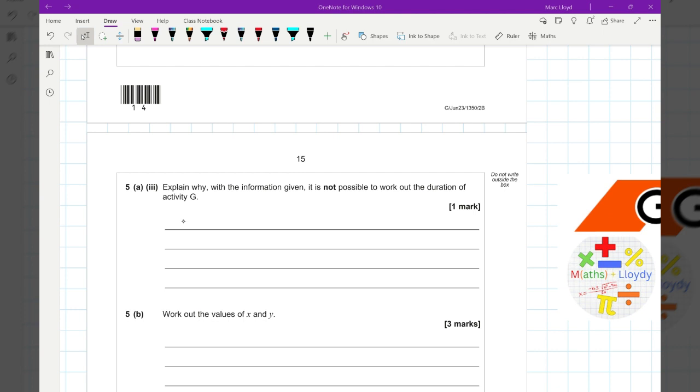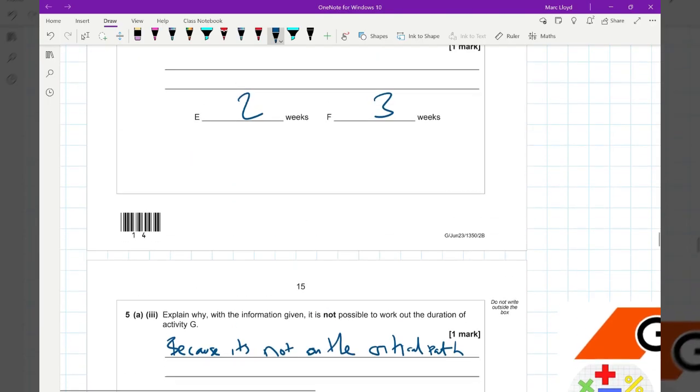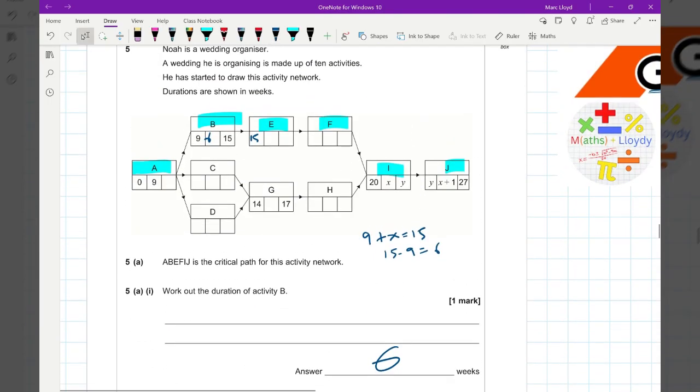So I'm going to say, because it's not on the critical path, we don't know the float time, we don't know the early start time, we don't know the late start time of those activities around it. And therefore, this is not very easy for us to work out.